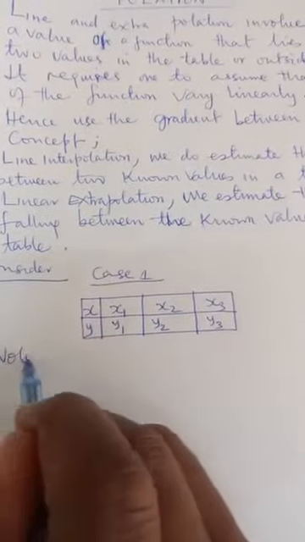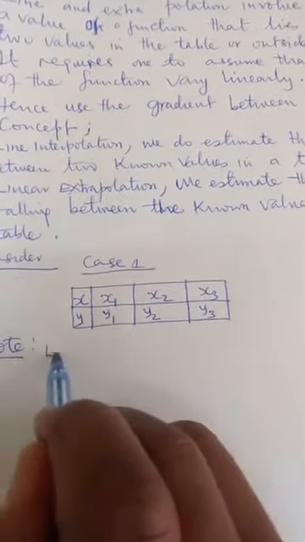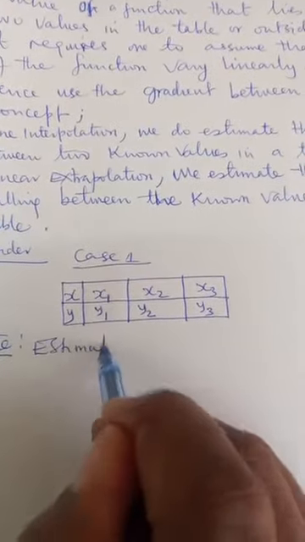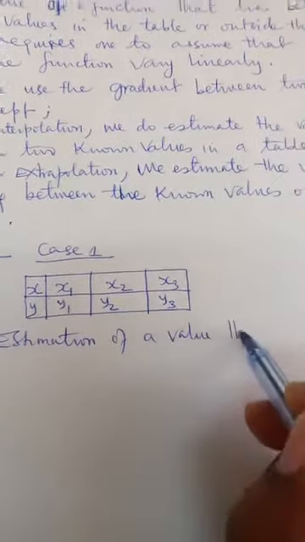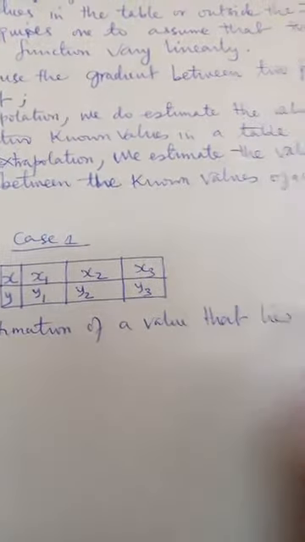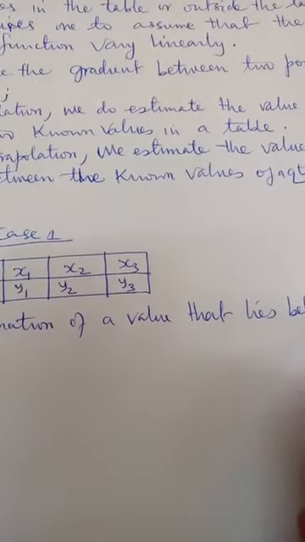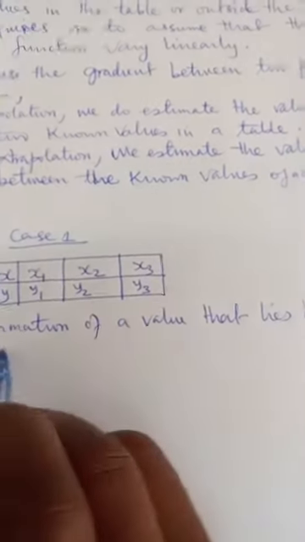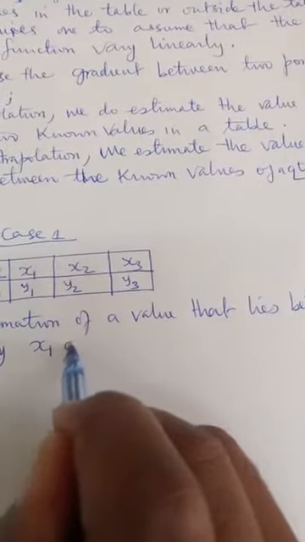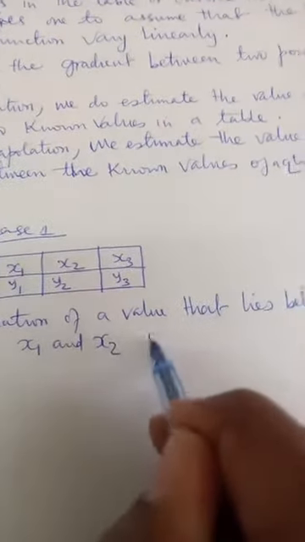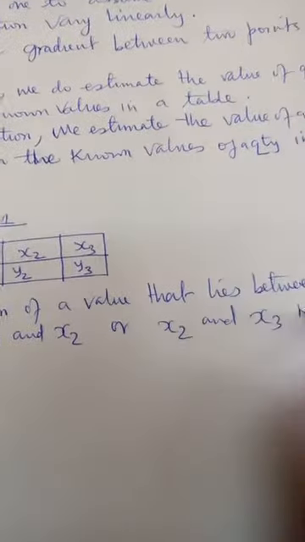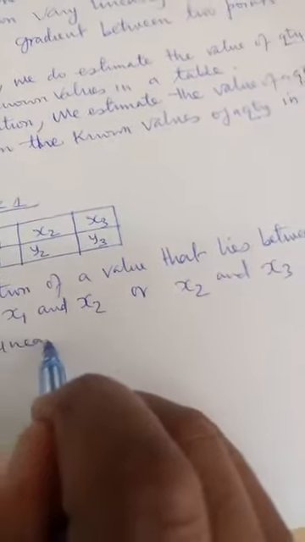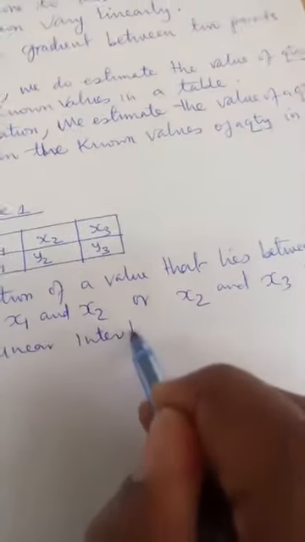I want it to be very clear that estimation of a value that lies between, say, x1 and x2 or x2 and x3 requires linear interpolation.